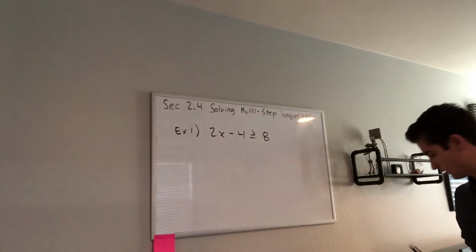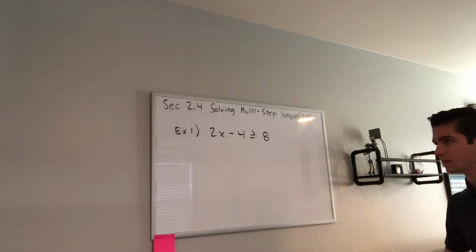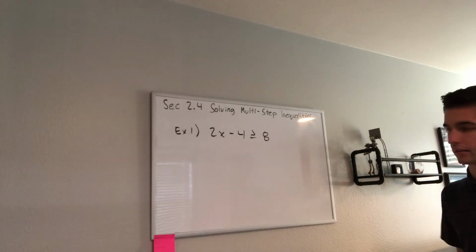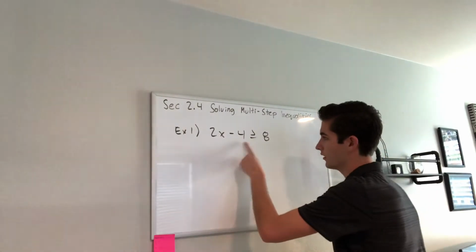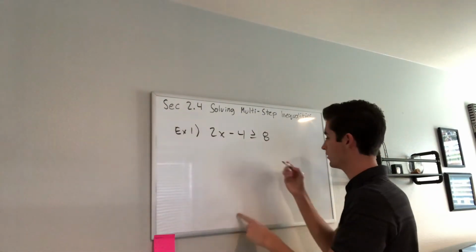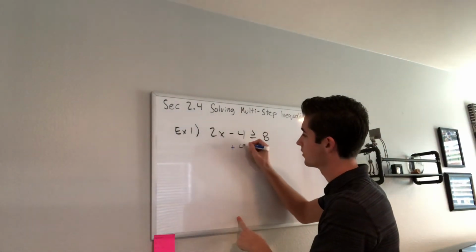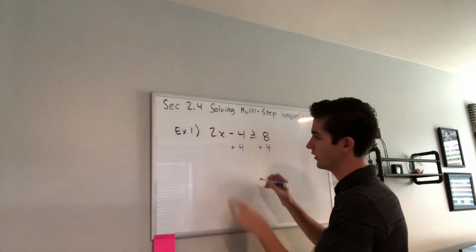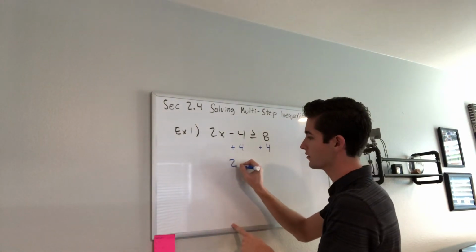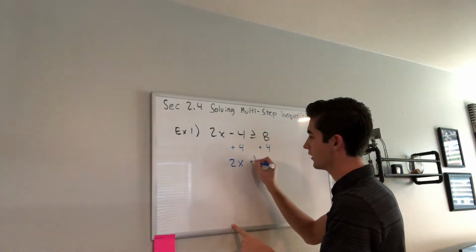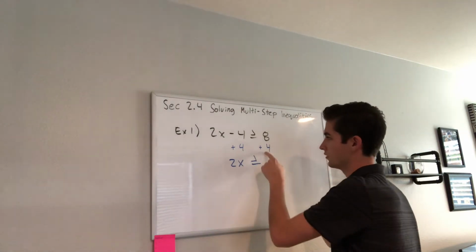So, what's the first thing we need to do here to isolate our x? First, we want to add 4 to both sides. This is going to give us 2x is greater than or equal to 12.